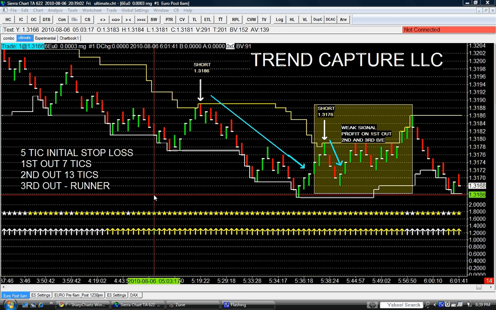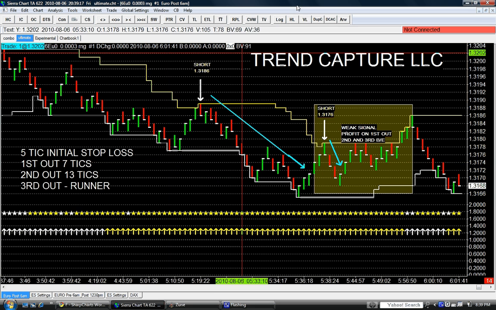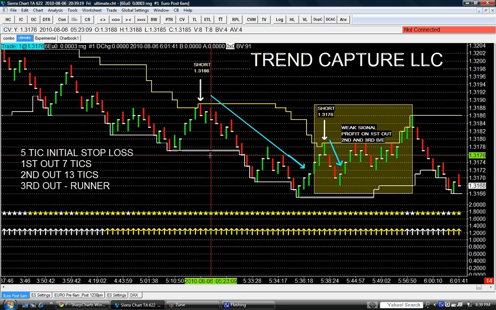So let's go over the trades as of today, which is August 6th. Okay, we had our first short here at 5:19 a.m. Eastern Time. You can see that you touched the yellow, you reversed and closed on the low, and both of these are yellow.